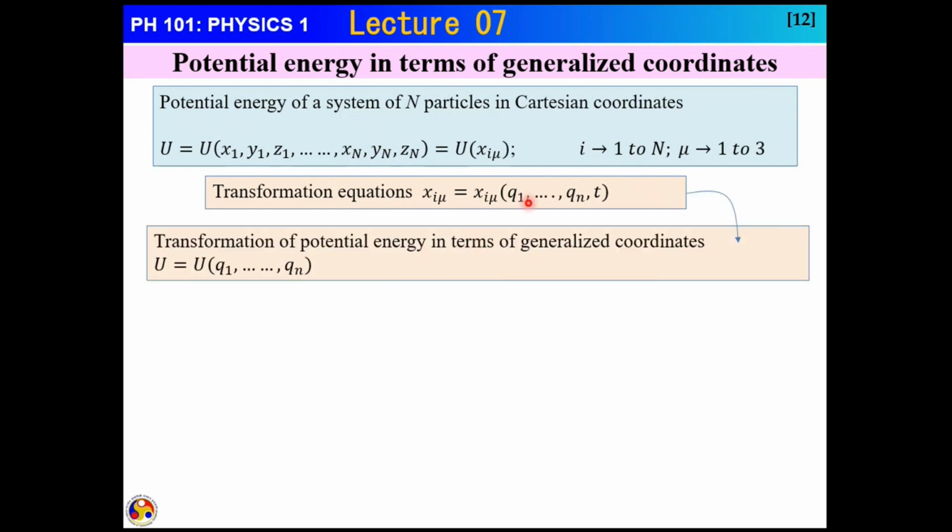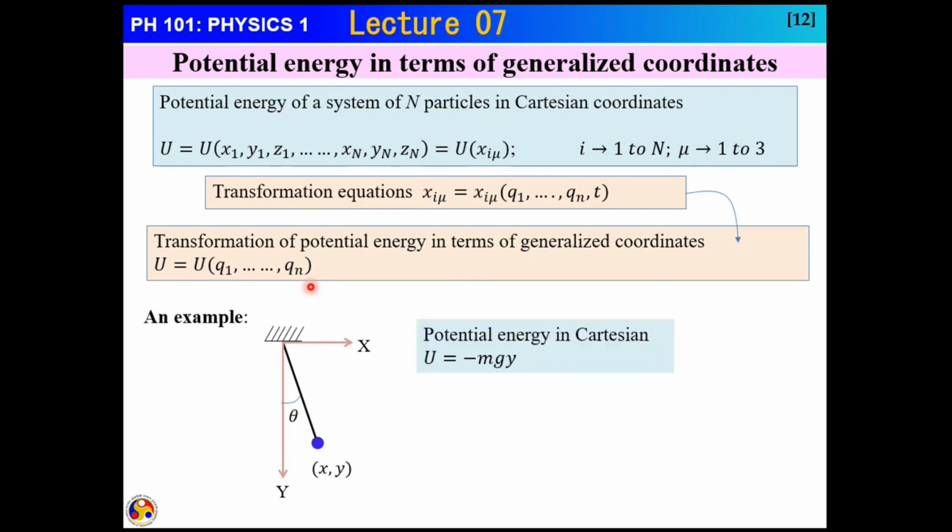So once you know that U is a function of x1, y1, and so on, instead of putting x1, you have to put simply q1, because you know the form of x1 in terms of q1. So you can simply write U in terms of generalized coordinates.